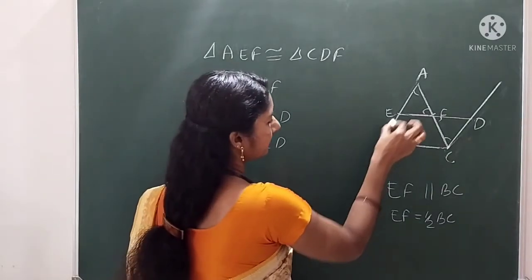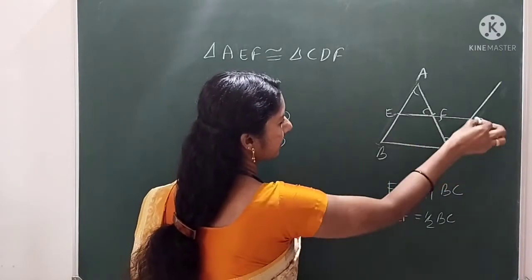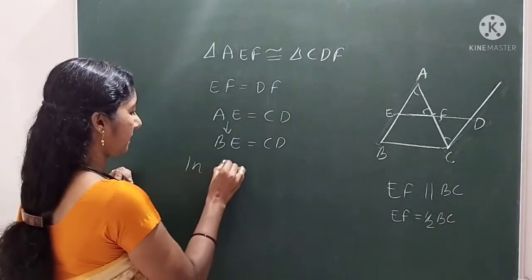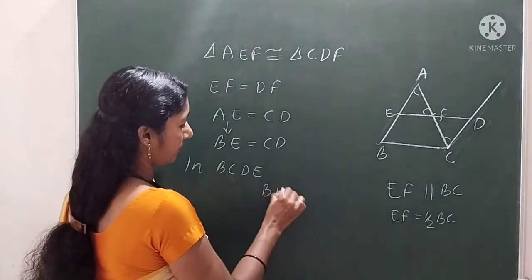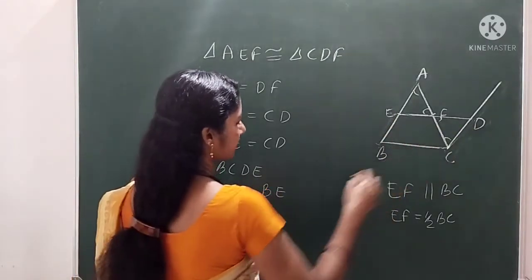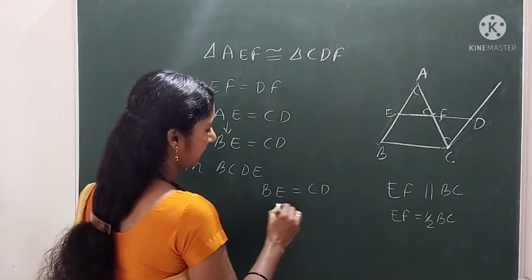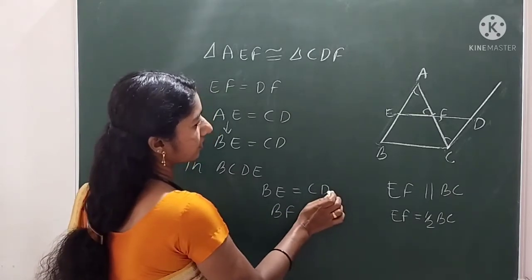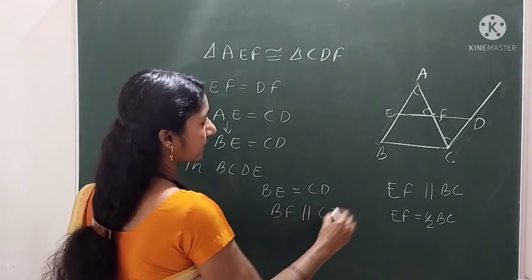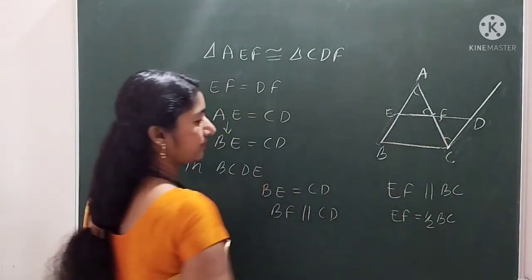So in this quadrilateral BCDE, we got opposite sides BE and CD equal, and also BE is parallel to CD.